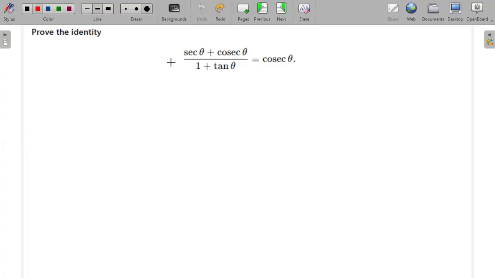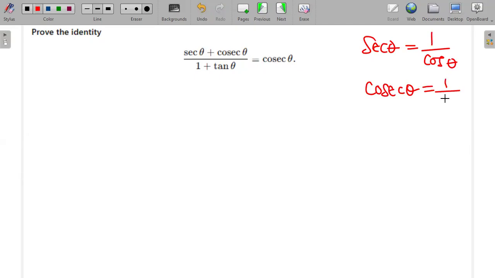Sec theta is just 1 over cos theta. Cosec theta is just 1 over sine theta. And then the tan, we said the tan was sine theta over cos theta like that. So that is what we have there.